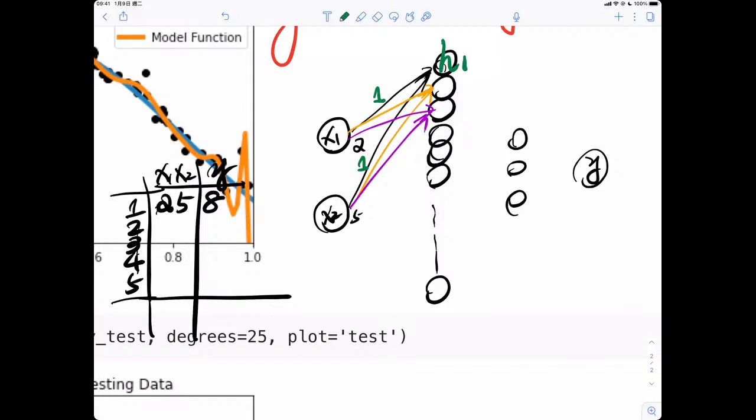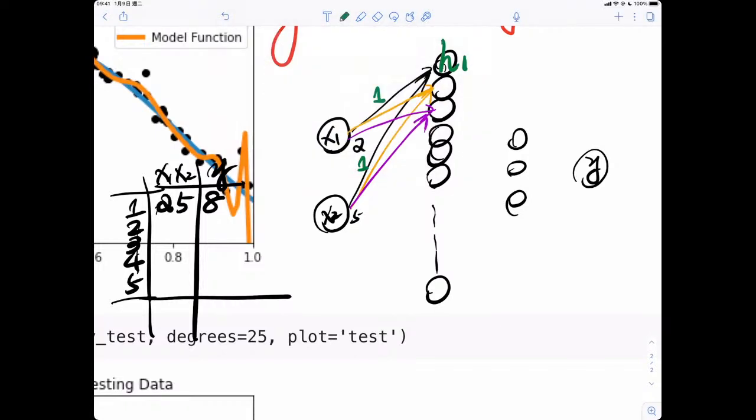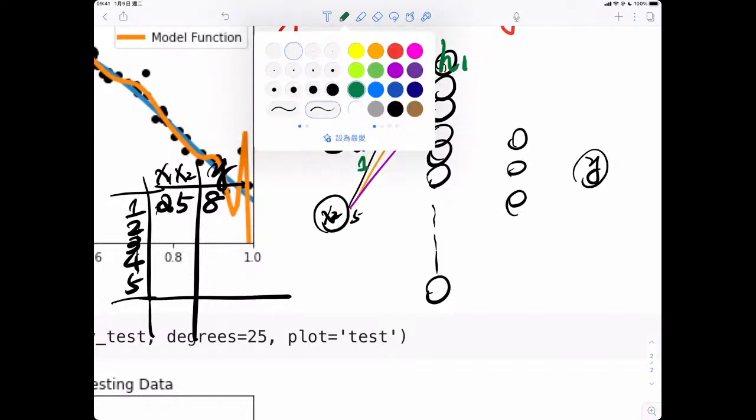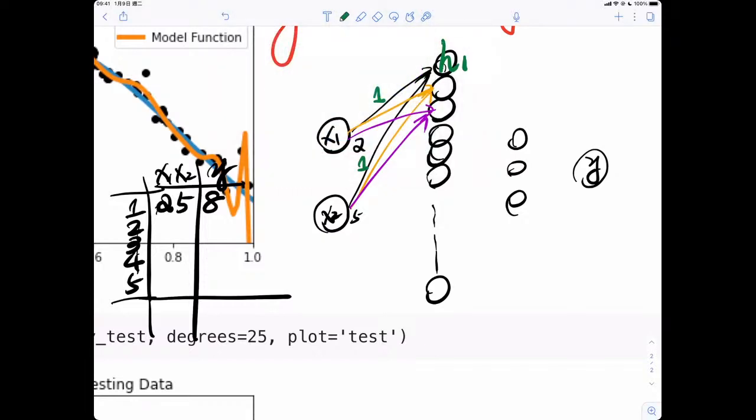And for some reason, this neuron is only specifically used for the very first data set. So it can output, for example, 8.